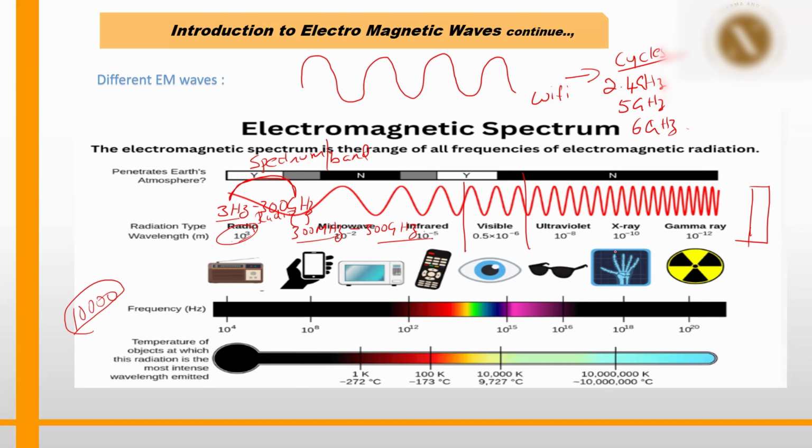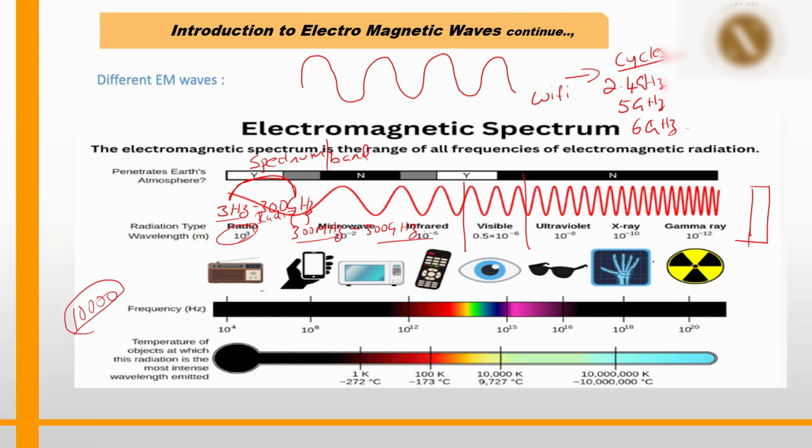It is not going to go outside the room. The penetration is less. But if you take radio waves, the penetration is high. Sorry, when the frequency is high, the penetration is less. When the frequency is low, the penetration is high. So that is how it is.